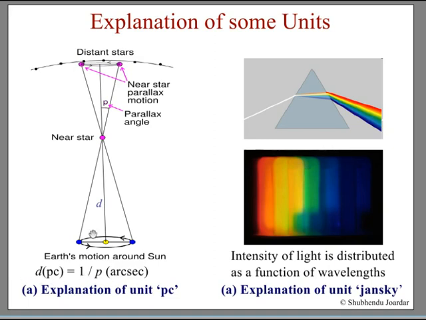So you can see that d, if you remove this PC, should be equal to one astronomical unit divided by tan of p. But since this angle is very small, tan theta can be approximated to theta, and this is how it comes. So d is equal to 1 by p, and p should be in arc second. This d is the parsec, that is the unit. So with this, I come to the end of this lecture 1.